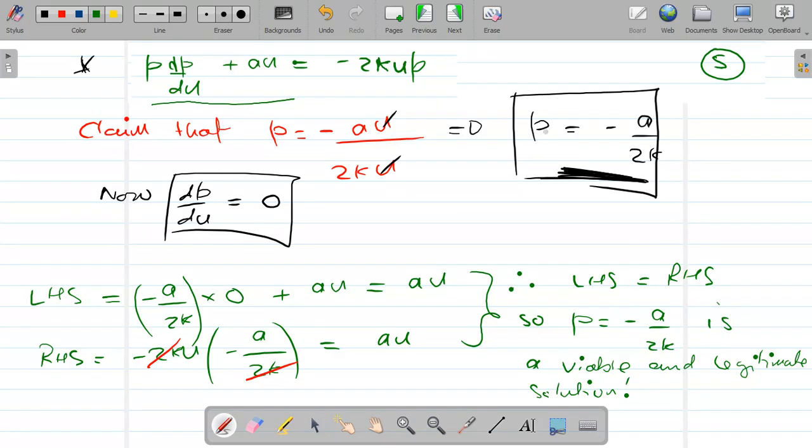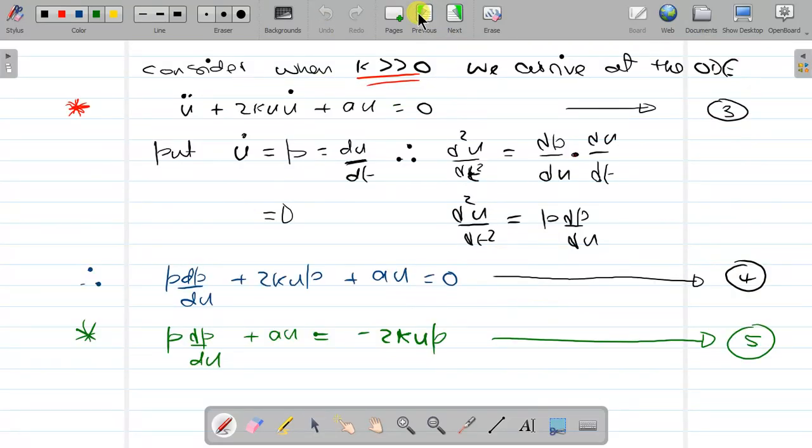Now, we've got to work back to the original equation, which is equation 3. And I'm going to cut and paste that again.